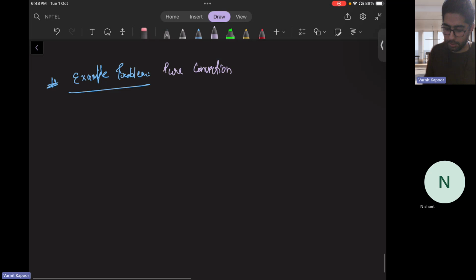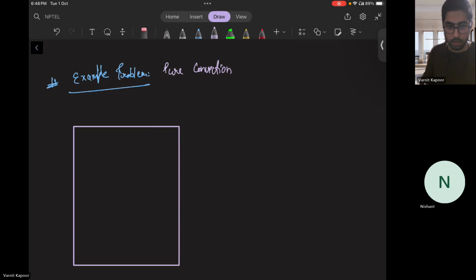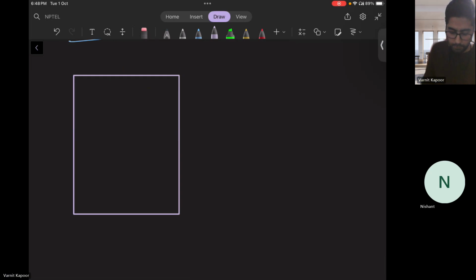Suppose we have a domain, where you have boundary values phi is equal to 0 and phi is equal to 1. This is y, this is the x direction.